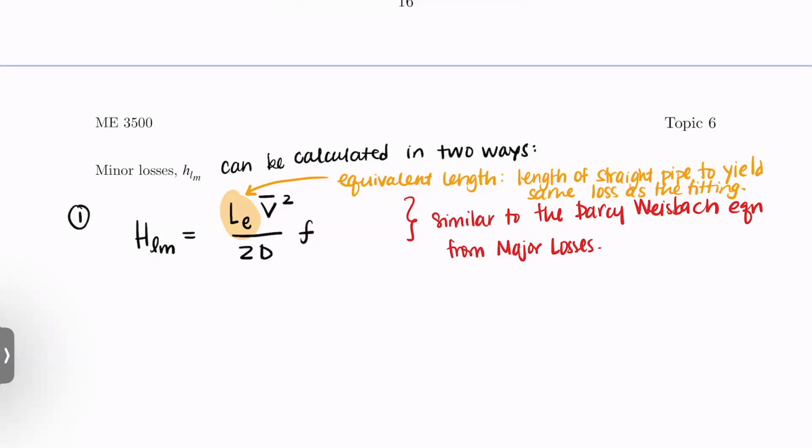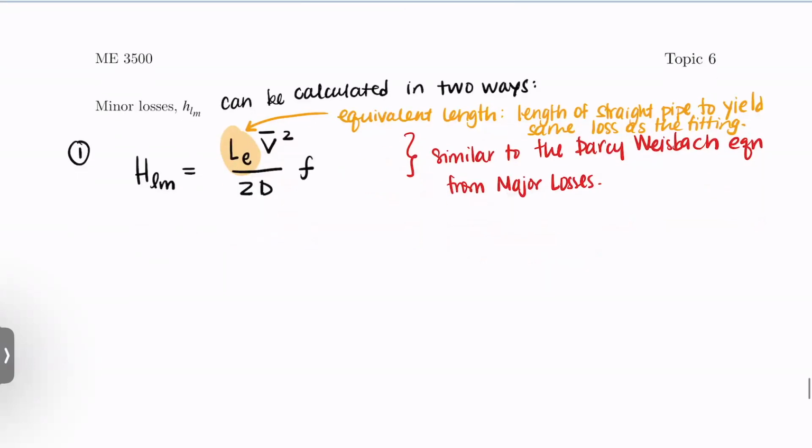Okay. The second way that we can do this is the following. We have our minor losses equal to our average velocity squared over 2 times K, where K is called the loss coefficient.